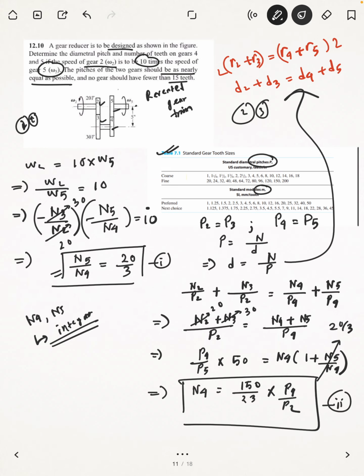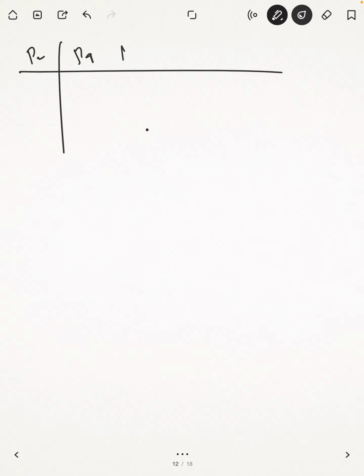Okay, so first of all, how do you iterate? In the first column there should be P2, in the second column P4, and in the third column N4 and N5. So you have to choose from this table.